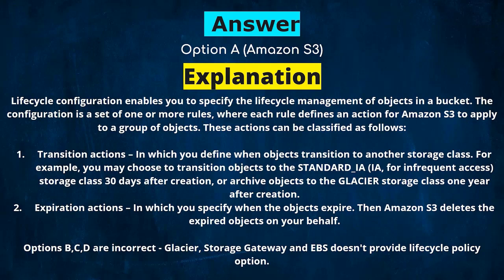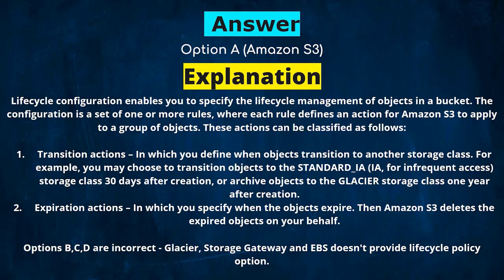For example, you may choose to transition objects to the Standard-IA, IA for infrequent access, storage class 30 days after creation, or archive objects to the Glacier storage class 1 year after creation. Number 2. Expiration actions, in which you specify when the objects expire. Then Amazon S3 deletes the expired objects on your behalf.